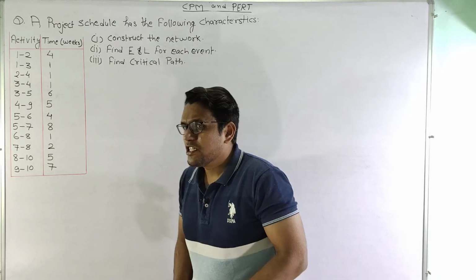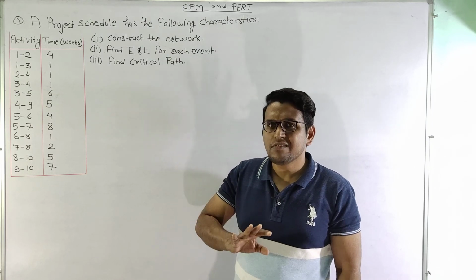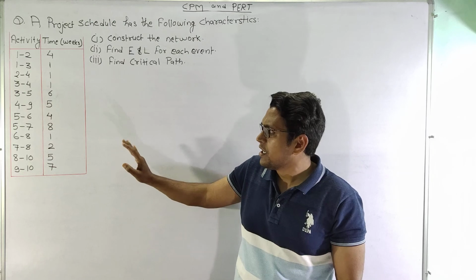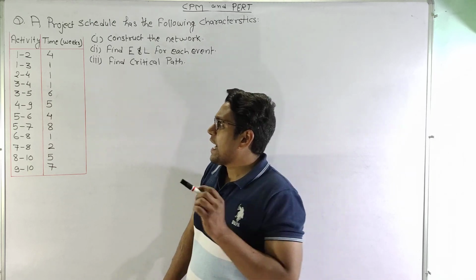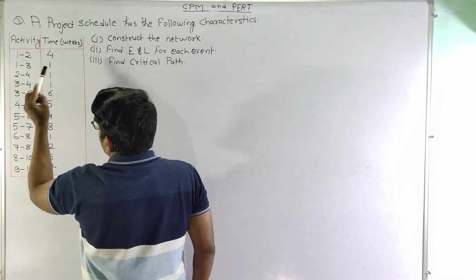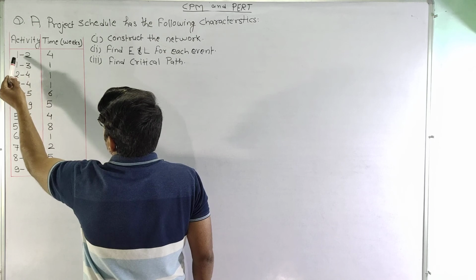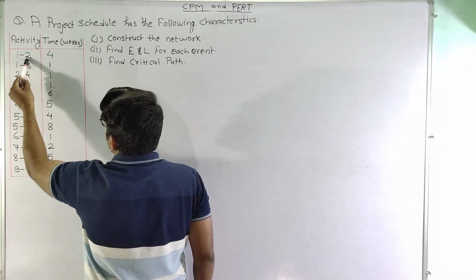Now in this particular problem we can see that there is no precedence given to draw the network. That is because the activities are given in the form of nodes. As we can see here, the first activity is 1 2, that means from node 1 to node 2.